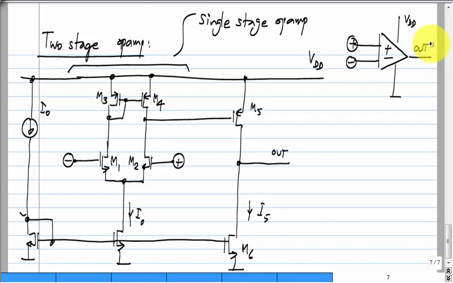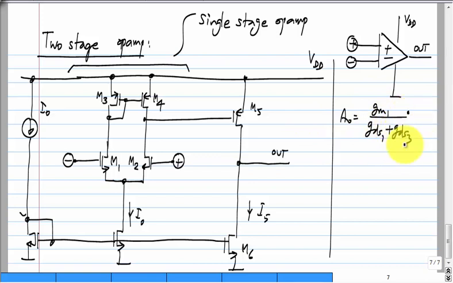So, we can quickly evaluate all of the routine properties of this. The DC gain we already saw, it is the product of the DC gain of the first stage and the second stage.